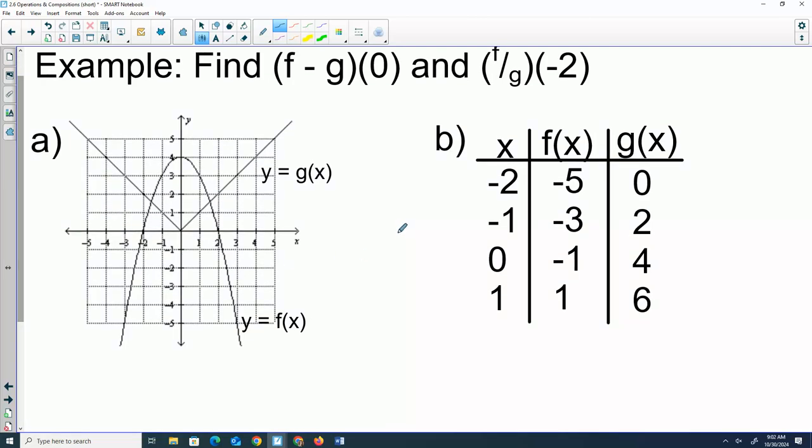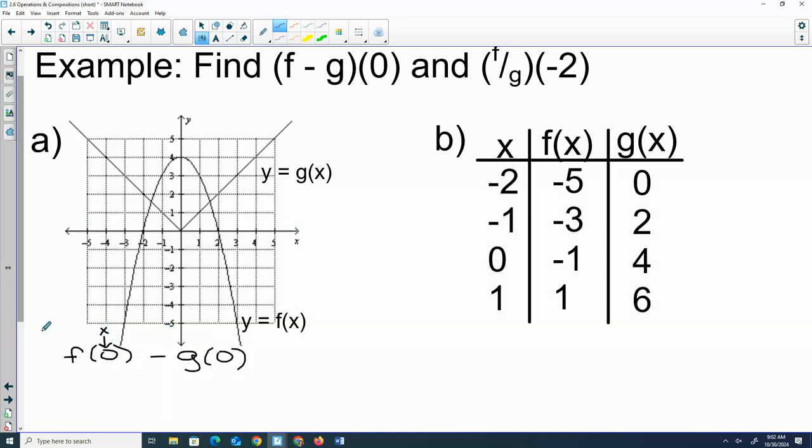All right. First thing I want is f minus g of 0. That means we have to find f of 0 minus g of 0. F of 0, this is saying the x value is 0, find y.